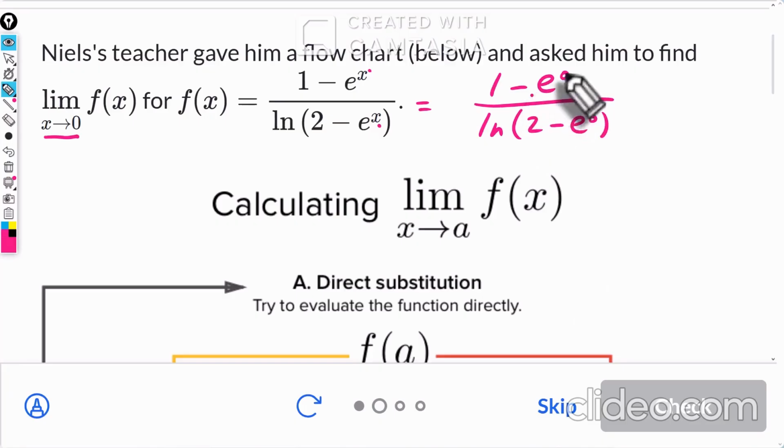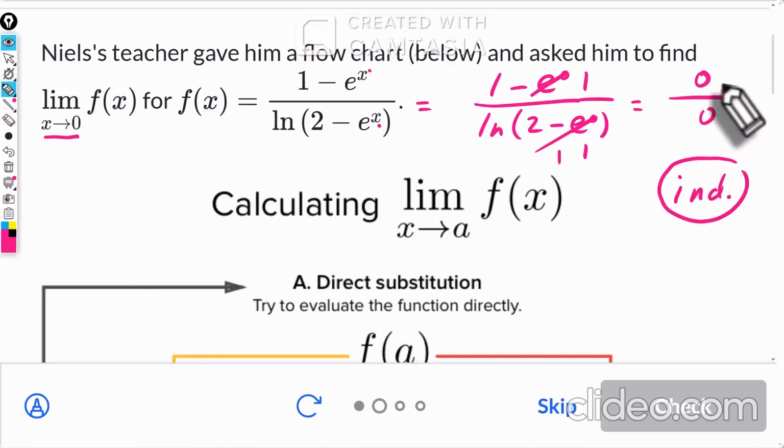Wherever you see e to the 0, make it 1. In the numerator, 1 minus 1 is 0. In the denominator, we have 2 minus 1, which is 1. And the natural log of 1 is just 0. 0 over 0 is indeterminate form. We need to keep going.